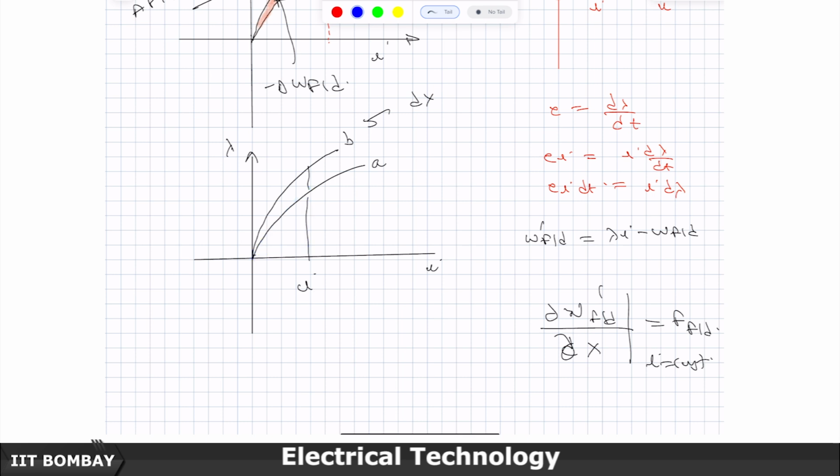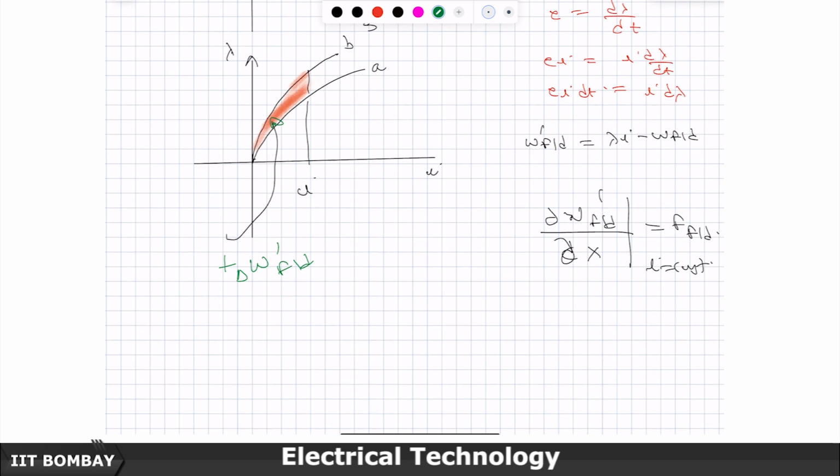Final co-energy minus initial co-energy will be the area enclosed in this. So, this is final minus initial. So, it is delta W dash of FLD, and this with respect to dx, in the limit delta x tending to 0, will become equal to FLD.